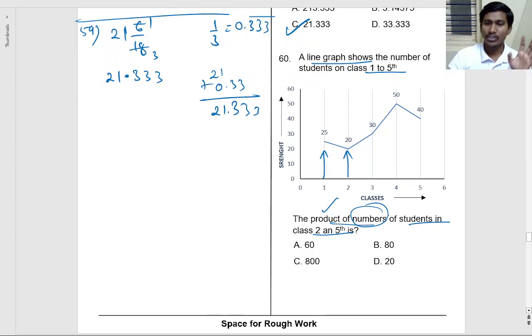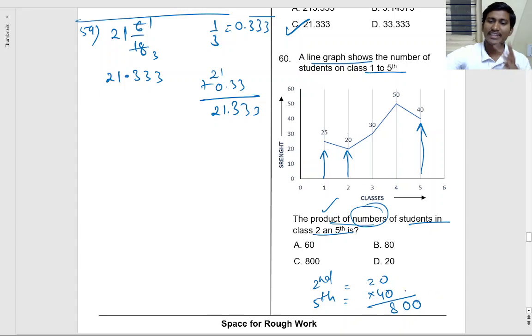Second standard is 20 students, and fifth standard is 40 students. So 20 into 40: 4 twos are 8 and two zeros, 800. So the product will be 800, right? So option C will be the answer. So this is how you have to complete the maths.